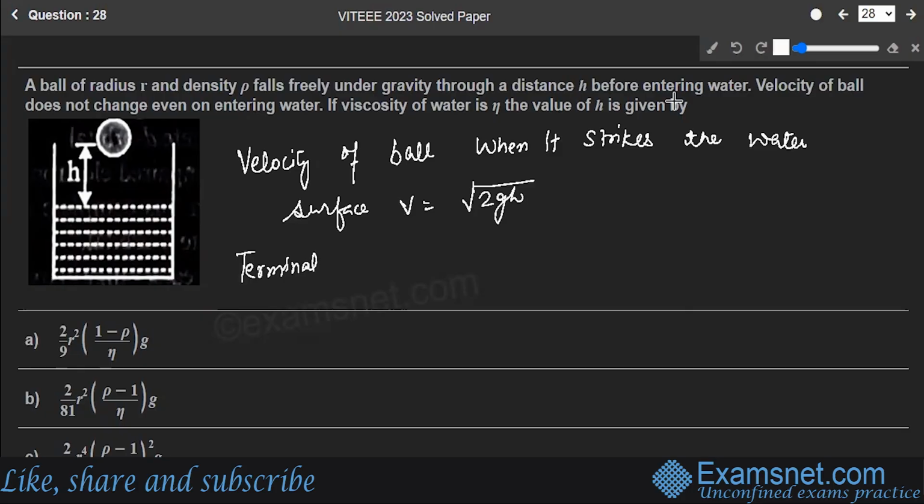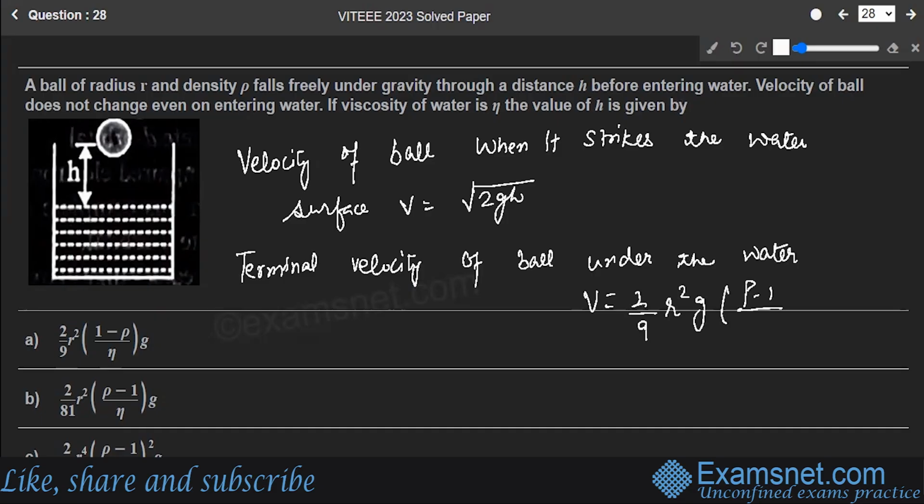Also, the terminal velocity of the ball under the water is v is equal to 2 upon 9 r square g (rho minus 1) upon eta. Let's say this is equation 1 and equation 2.